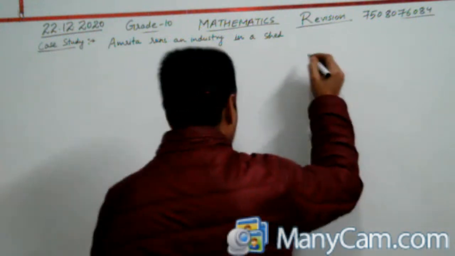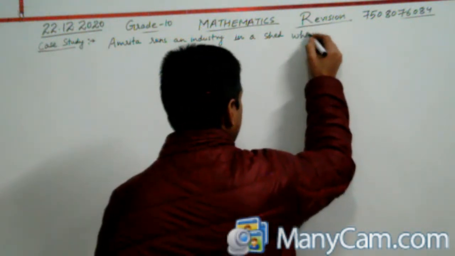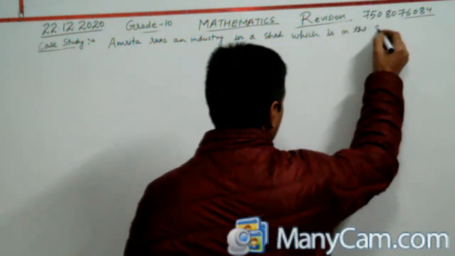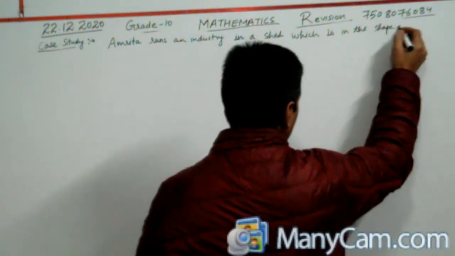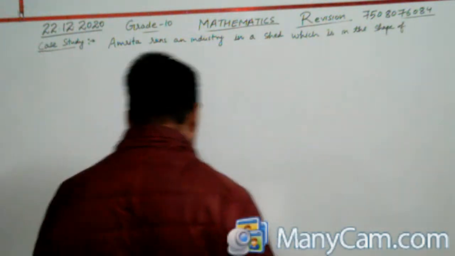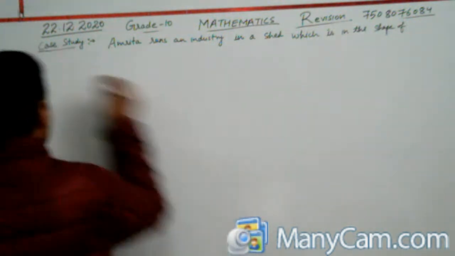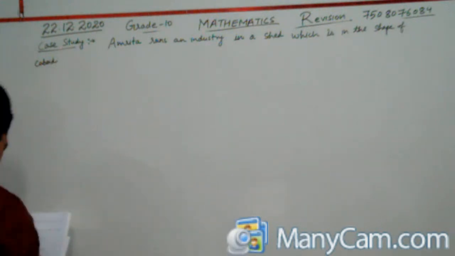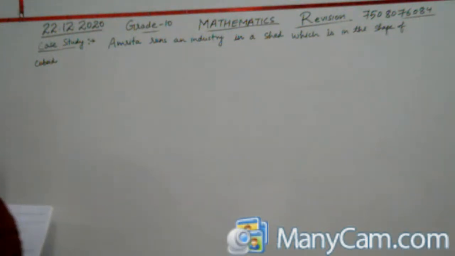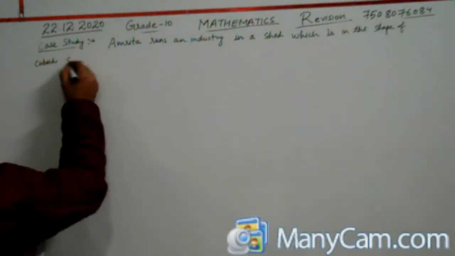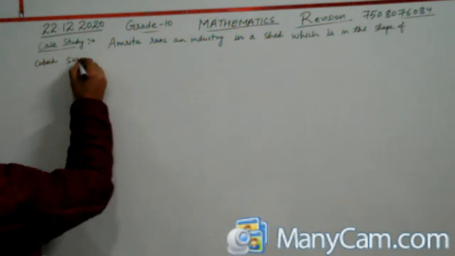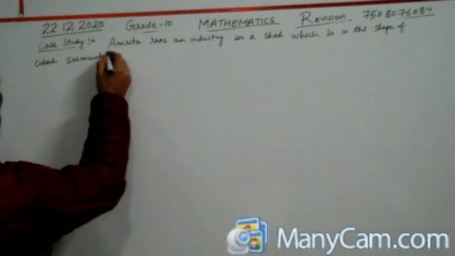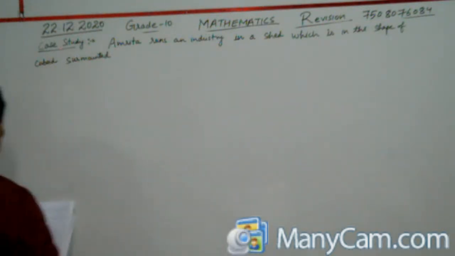which is in the shape of a cuboid surmounted by a half cylinder.